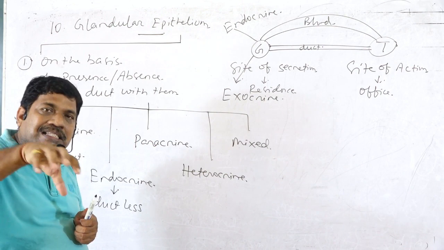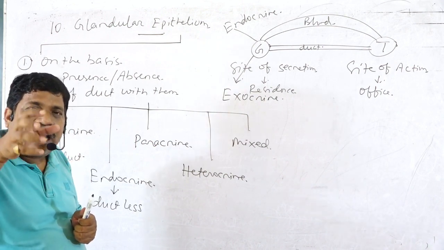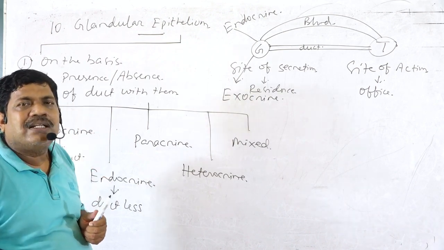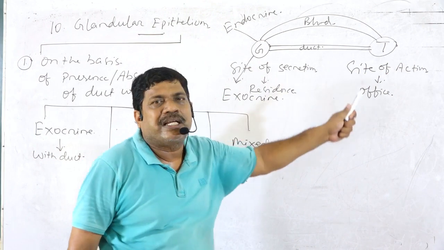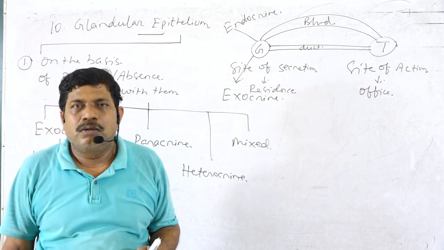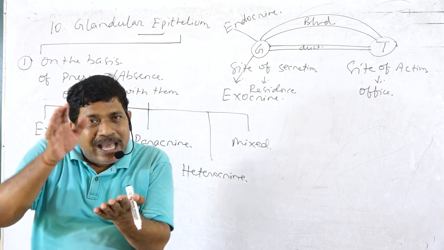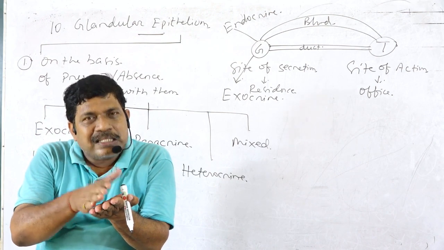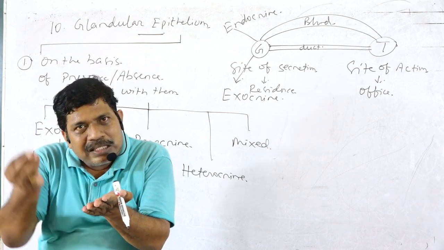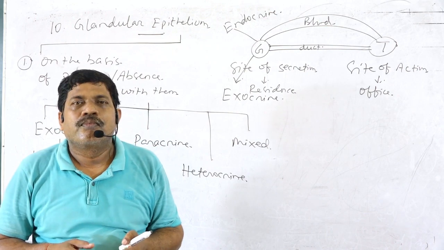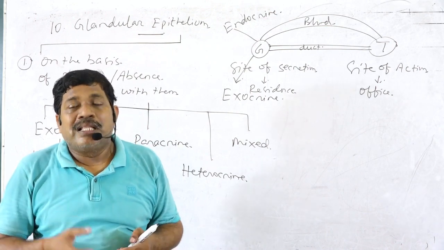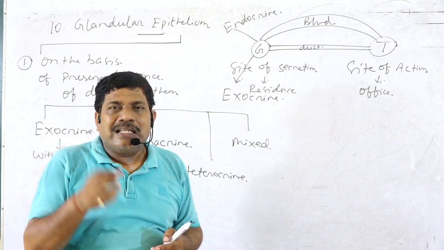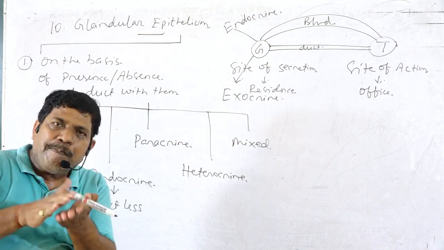Office cum residence: the site of action and site of secretion are at the same place. There is no need for the secretory substance to travel from the site of secretion to the site of action, because where the substance is secreted, it has its action at the same place. The gastric gland present in the stomach secretes gastric juice, and the gastric juice has its action at the same place in the stomach.